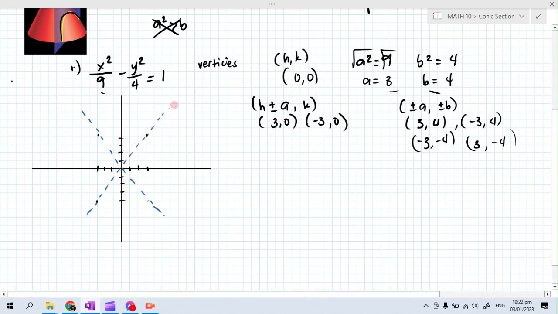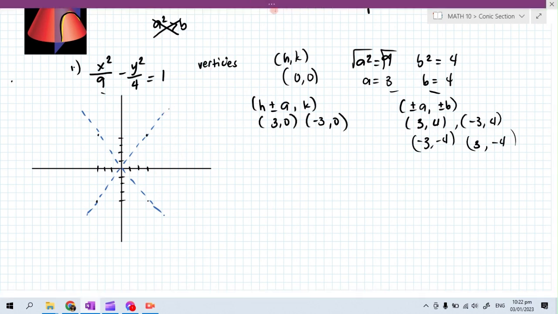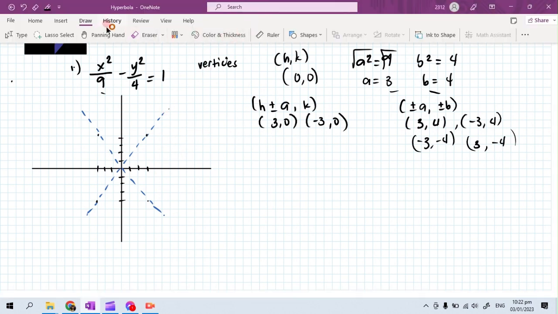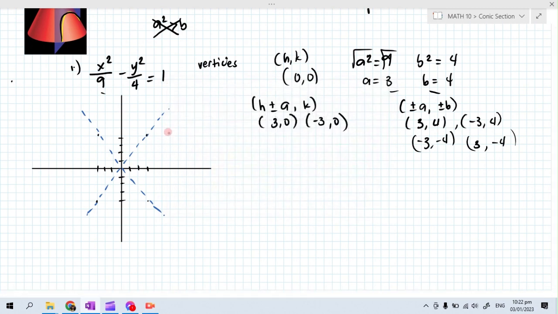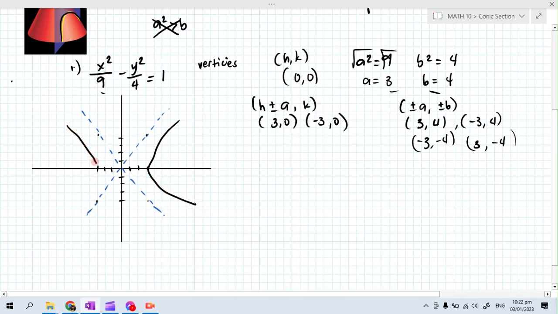Now let's draw our hyperbola here and here.